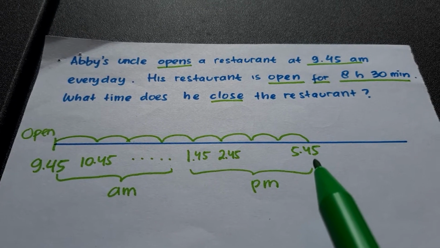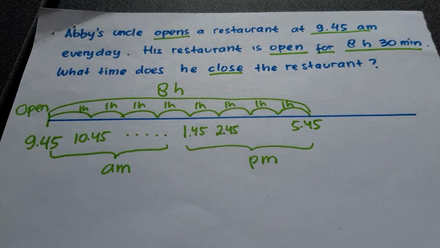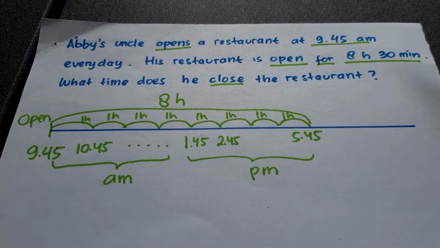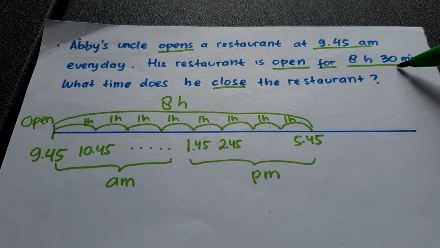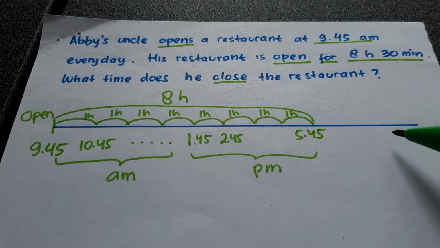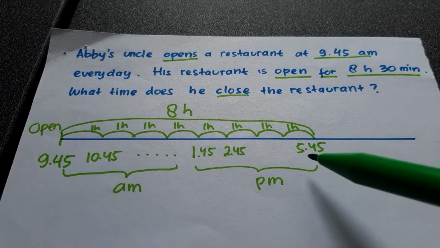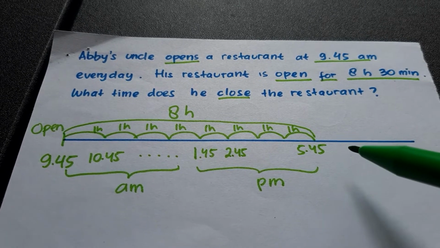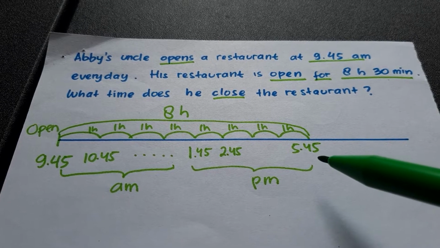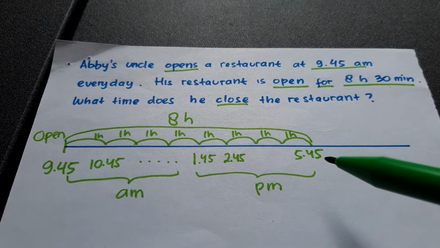Are we going to finish at this part? No, because this is only the hours. This is only the 8 hours. We haven't gone to the minutes over here. So I'm going to add 30 minutes here. But remember, from 5:45, 30 minutes, can it be? 30 plus 45 is more than 60. So what do we have to do? We cannot do that, right?